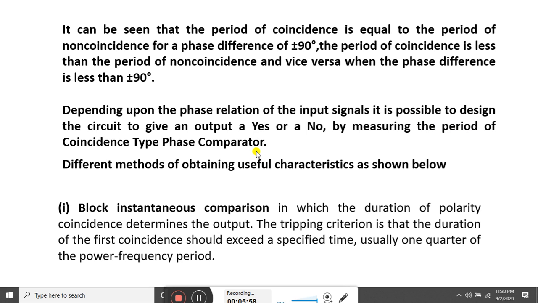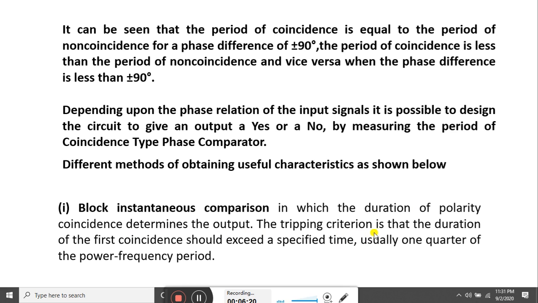For obtaining the coincidence, we use different methods. The different methods of obtaining useful characteristics are as shown below. The first one is block instantaneous comparison, in which the duration of polarity coincidence determines the output.